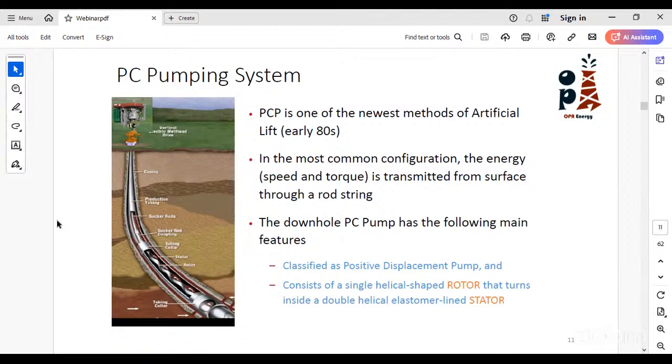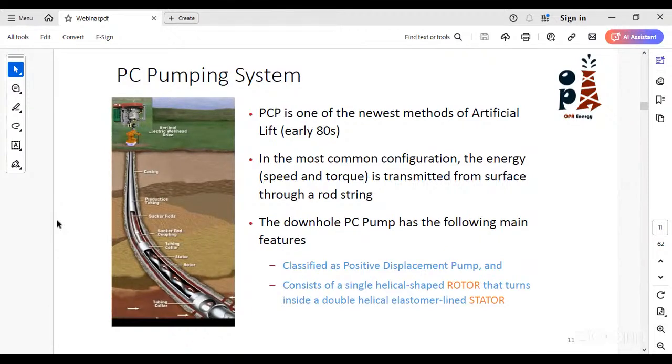In the centrifugal pumps, the relationship between the flow rate and the net head or the total dynamic head that the pump can develop is, of course, inversely proportional. So in case of high flow rates, you don't expect a high total dynamic head and vice versa. In our positive displacement pumps, like the PCP system that we are discussing today, and also the beam pumping unit, the pump depends on a volume of fluid that is confined in a chamber.